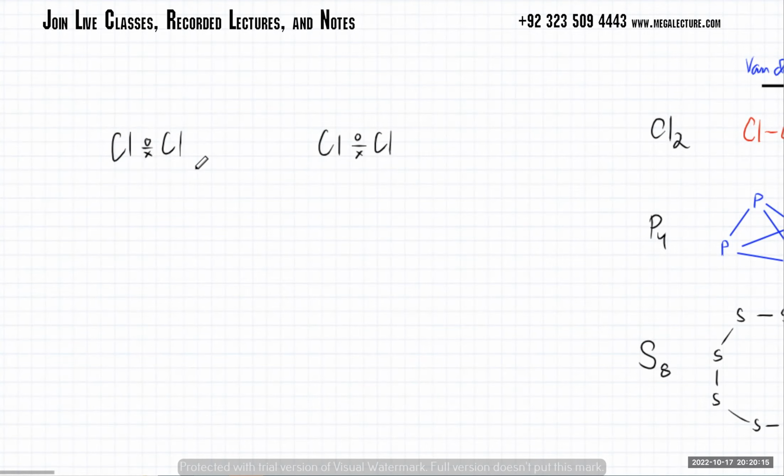But what happens is that the electrons are constantly not in one position. They're fluctuating. So due to some random collisions, the electrons might get knocked to one side. If they get knocked to one side, that side will have a slight negative charge and the other side will have a slight positive charge.